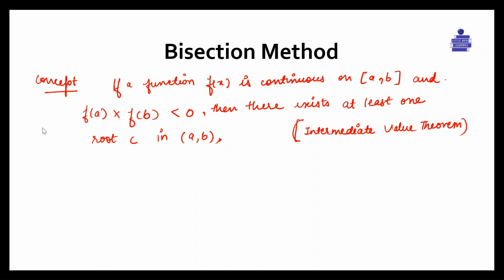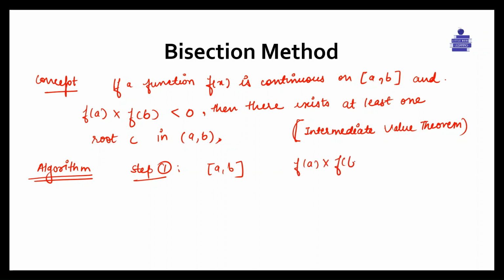Let's start with the algorithm steps in the bisection method. Step number 1, choose the initial interval [a, b] such that f(a) times f(b) is less than 0.